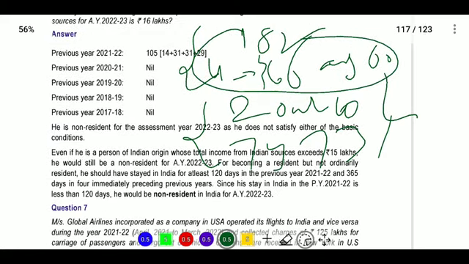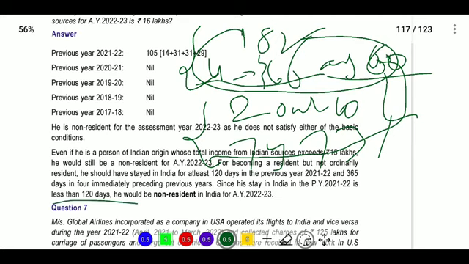Where here 60 days is there, no, for 60 days we will take 120 days. He had stayed in India for at least 120 days in the previous year, and 365 days in the 4 immediately preceding years. This condition will not be satisfied, since his stay in India for previous year 21-22 is less than 120 days. He would be non-resident in India.